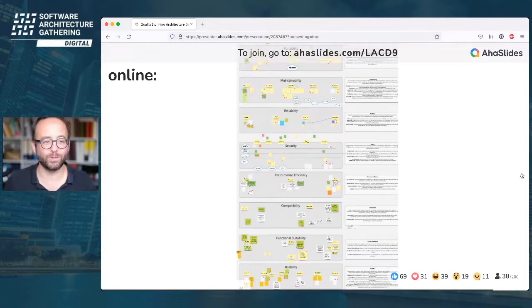And the big pro for the online version is, of course, that you already have those requirements in a digital way. So maybe you can export them, maybe you leave them like that as a form of documentation, or you rearrange them to a different board, so that easily works as well.